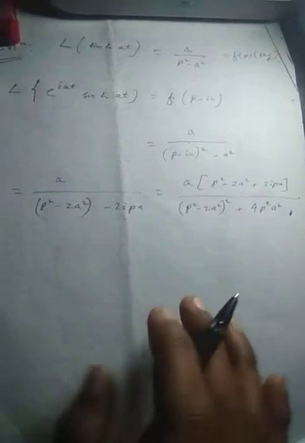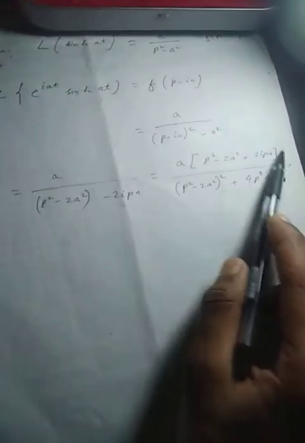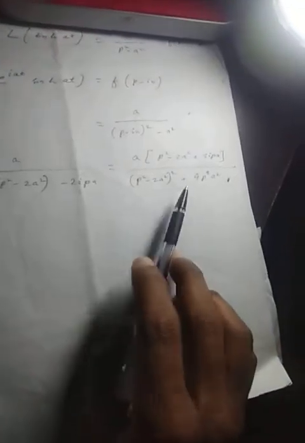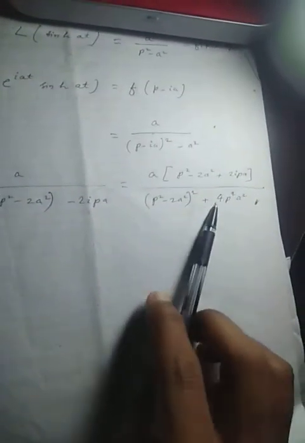So this is a combination of two parts, one real and another imaginary. This is a complex number, so there are two parts in this number. One is the real part, the other is the imaginary part. So just separate and equate the real and imaginary parts from this LHS side.